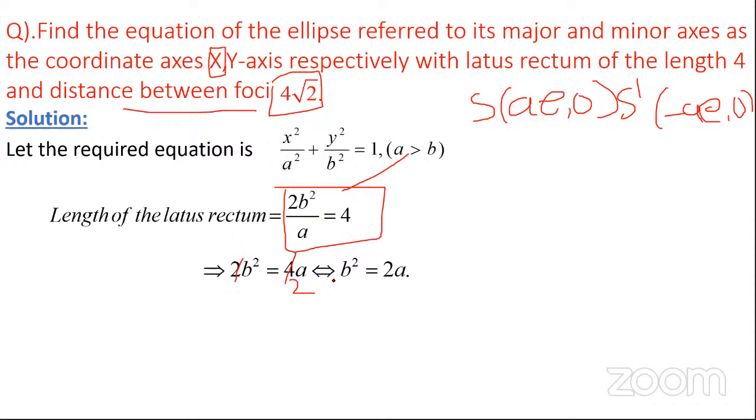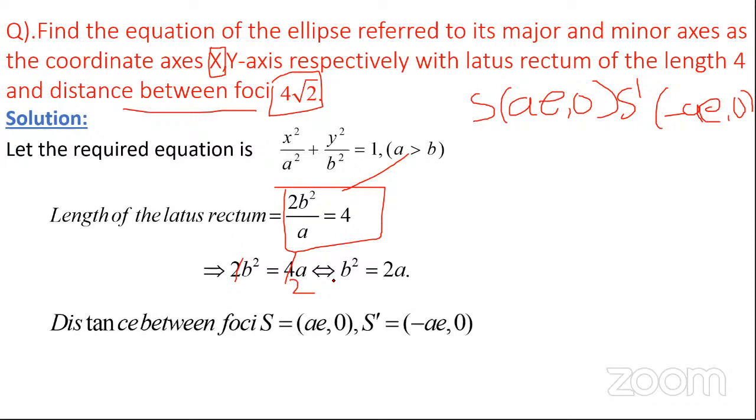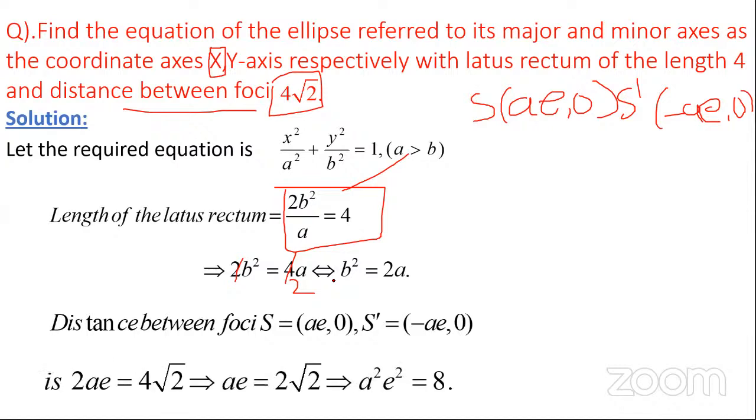Next, what is given? The distance between foci is 4 root 2. S is (ae, 0) and S dash is (minus ae, 0). Using the distance formula, root of (x2 minus x1) whole square plus (y2 minus y1) whole square, you get root of (minus 2ae) whole square, which is 2ae.